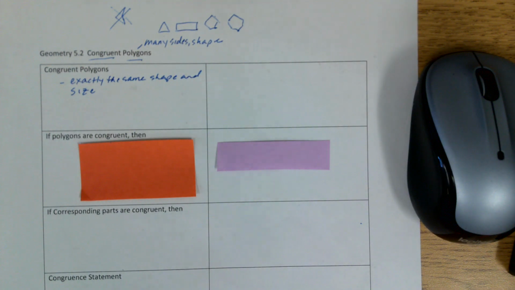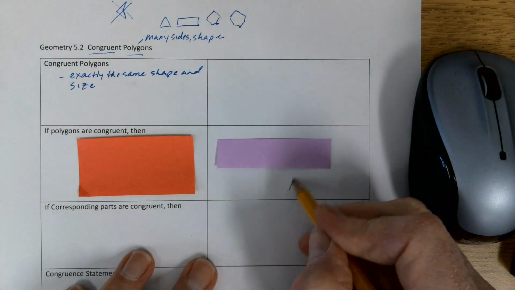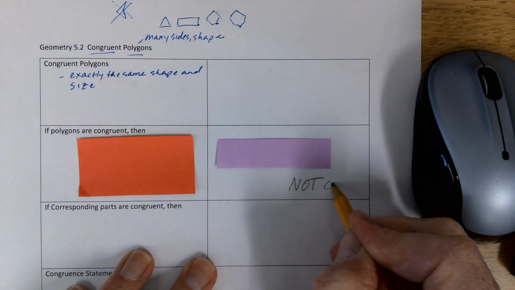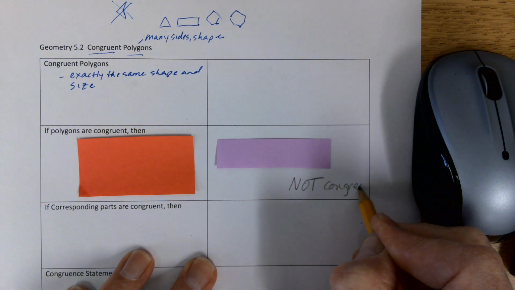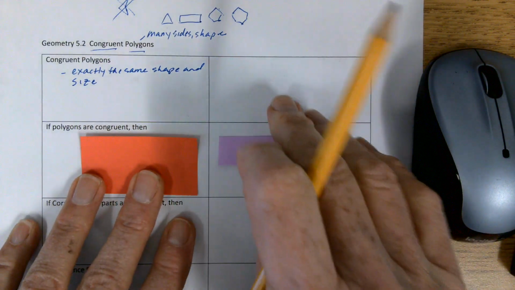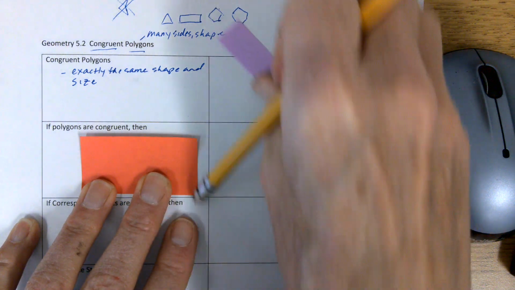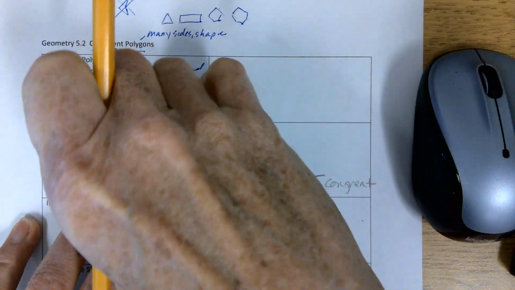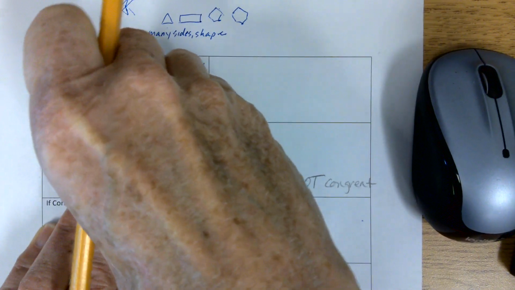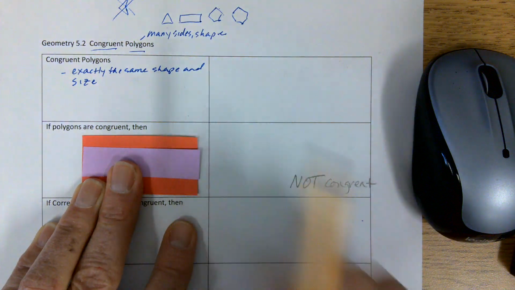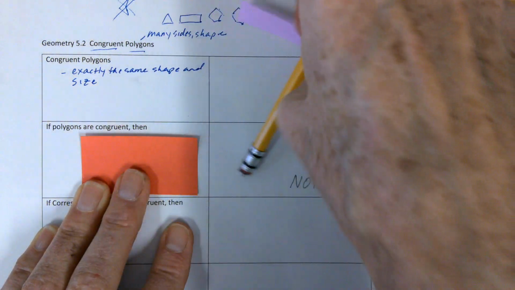So these are not congruent polygons. Okay? If I lay one on top of the other, they don't match up perfectly. They have to match up perfectly with each other, and these do not.